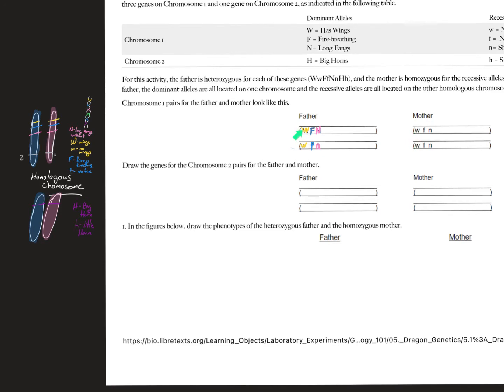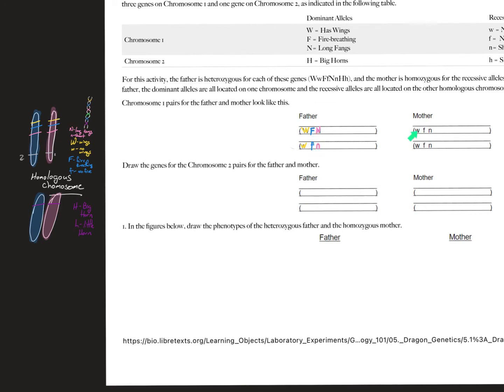The father has the dominant phenotype gene and the recessive phenotype gene, and so one of the father's parents gave him all three recessive genes on one chromosome, and all three of the dominant forms of the dominant phenotype genes on the other chromosome. So he's heterozygous for all three genes: big W, big F, big N, little n.